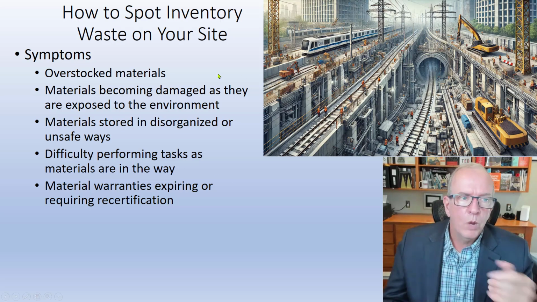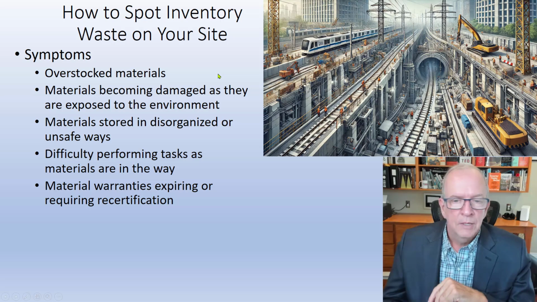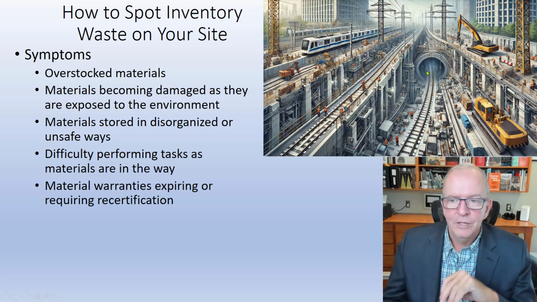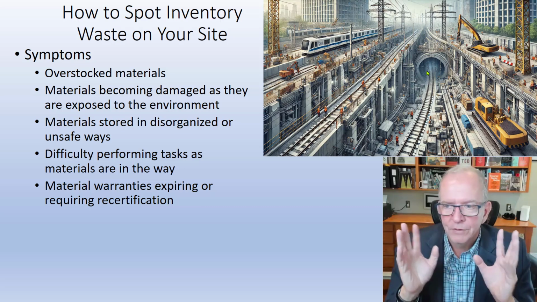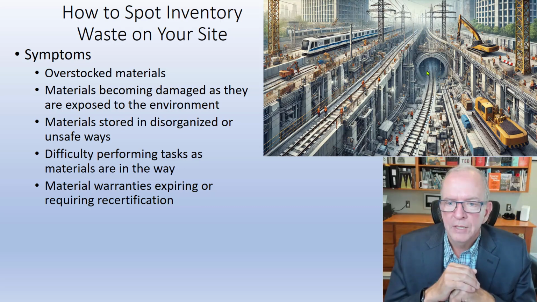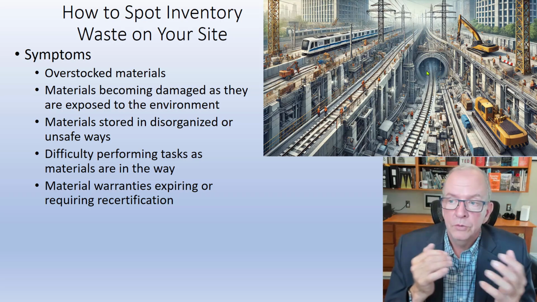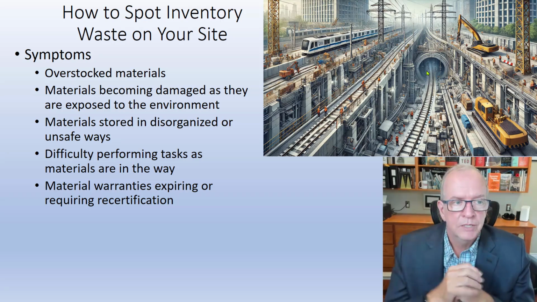So how do we spot waste on our sites? Again, this is this AI tool that I used, because I've had some clients recently on subways and LRT. So I said, I want some LRTs and show me a lot of stuff going on, and it basically gives you an idea of sites, but also how important it is to control the site logistics aspect.